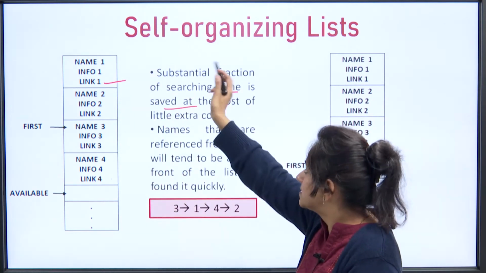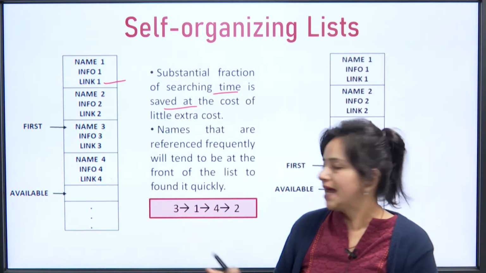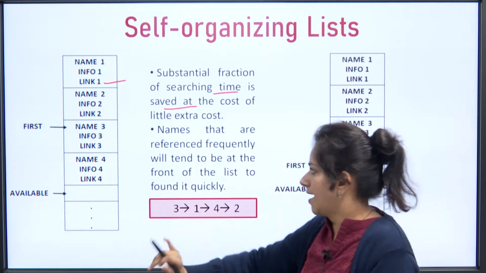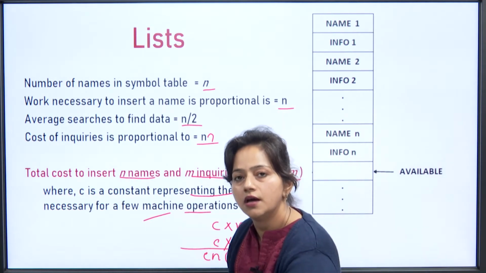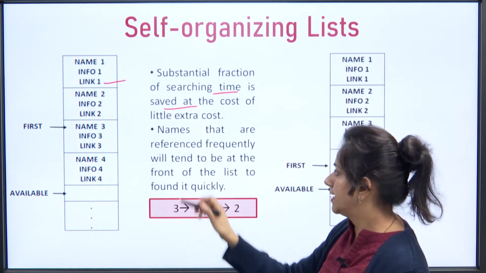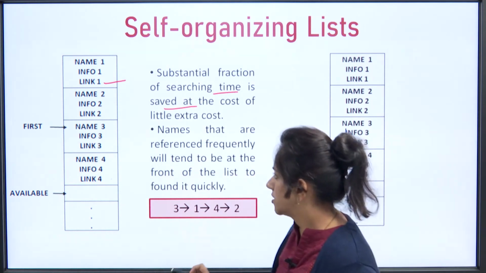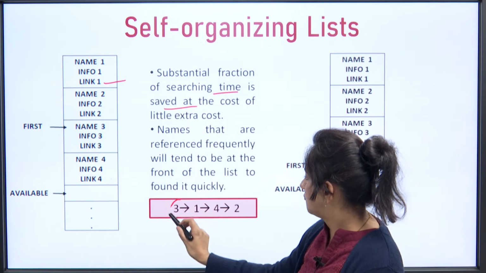Why is this called a self-organizing list actually? First I will explain the linked structure. As we discussed, in the array form the elements are stored one after another in sequential way, and here they are linked. This is the linked representation, and suppose first is pointing to 3. Now, 3 is at the front.